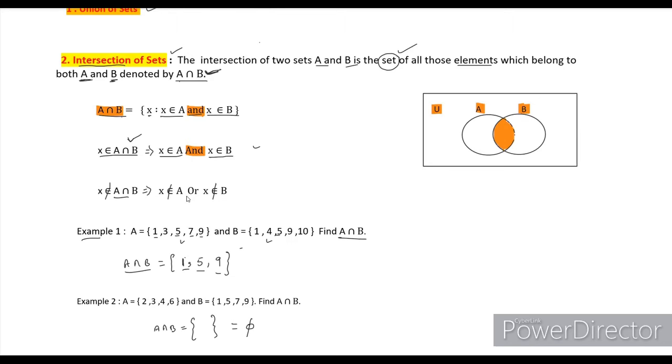If it were present in both the sets, then it would definitely be in A intersection B. Since it does not belong to one of them, it is not in the intersection set.